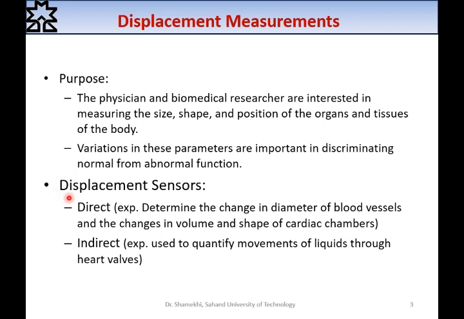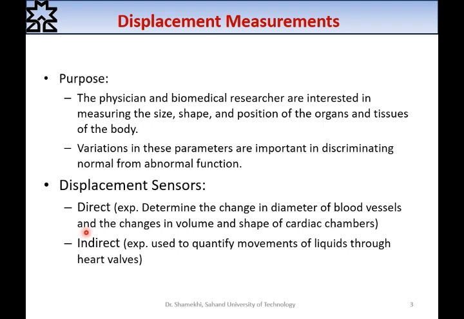Based on the location of using those sensors, we can divide the displacement sensors into two categories. The first one is direct and the second one is indirect. For example, for direct, determining the change in diameter of blood vessels and the change in the volume and shape of cardiac chambers directly.